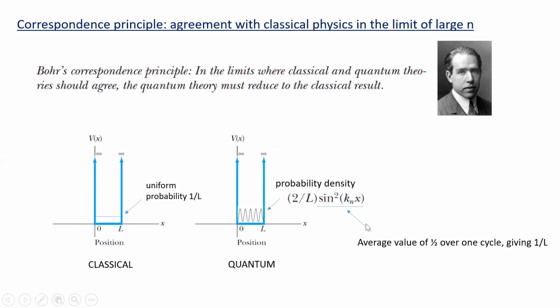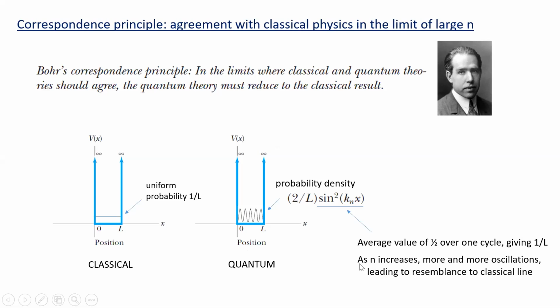As I said before, the average value of sine squared over one cycle is a half. So over many cycles, this average value of sine squared is going to be a half, and multiplying 1/2 times 2/L, the 2's cancel, and we just get 1/L, which agrees with the classical result of the uniform probability 1/L.